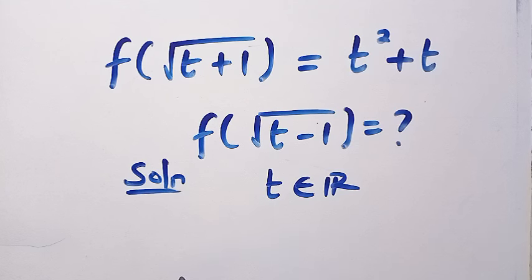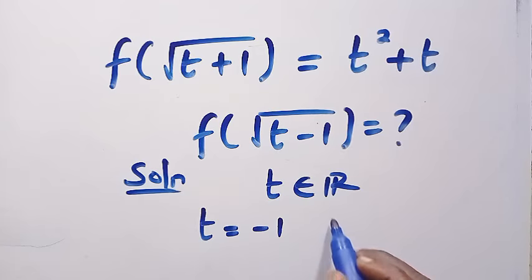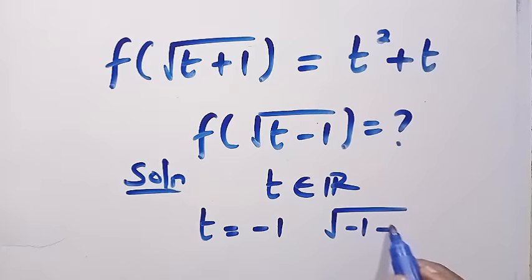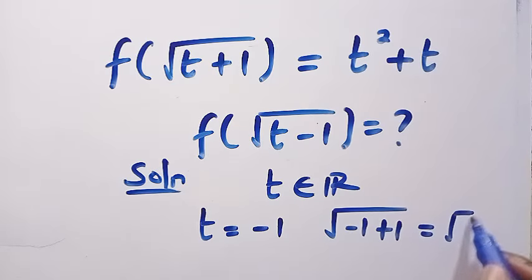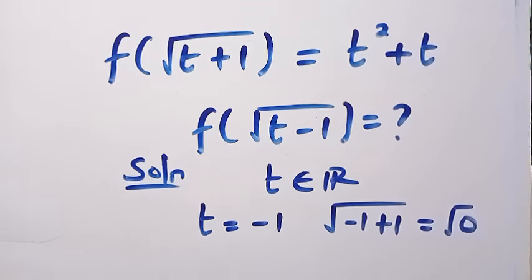If I let t equals 0, this is still valid, and if I let t equals 1, it's still valid. What if I let t equals minus 1? We are going to have the square root of minus 1 plus 1, so that is the square root of 0, and this is still valid.